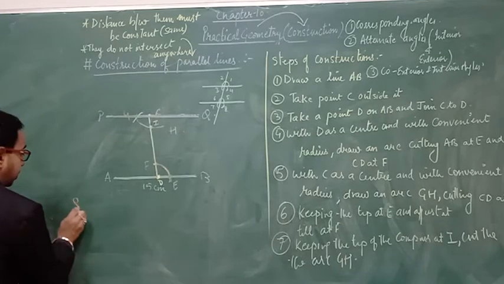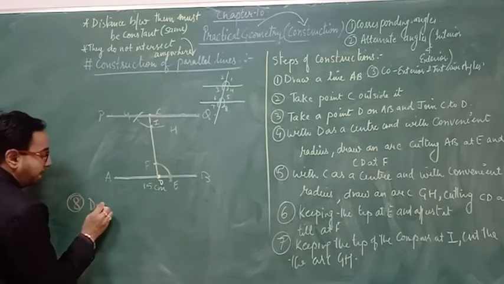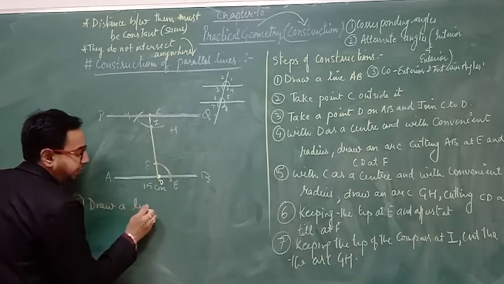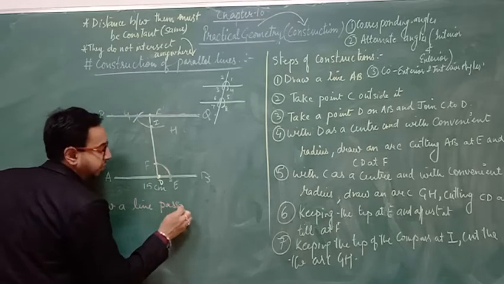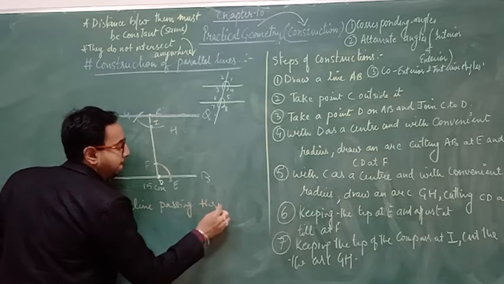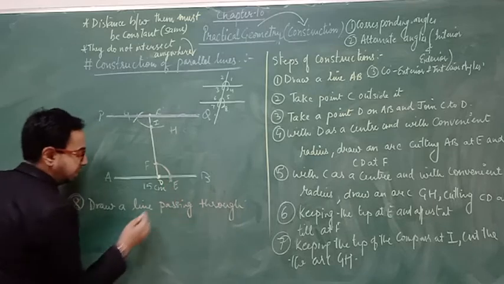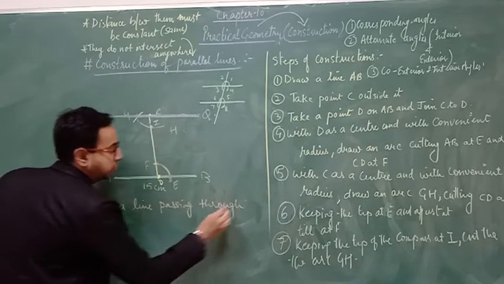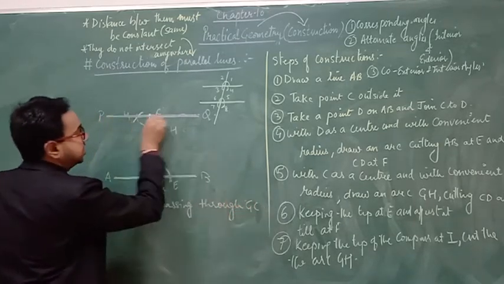That is again very important. Draw a line passing through GC.